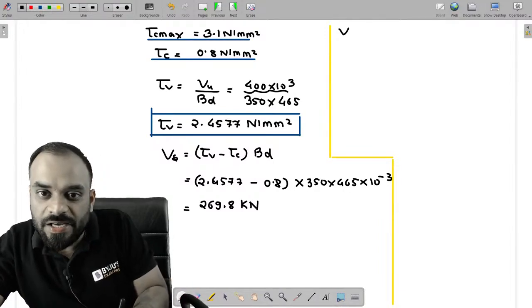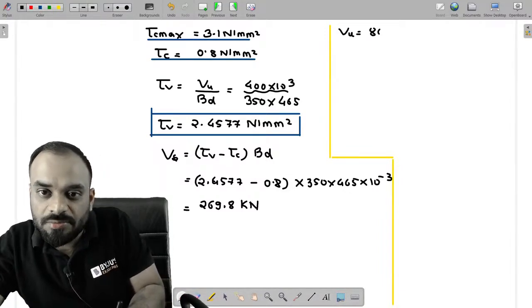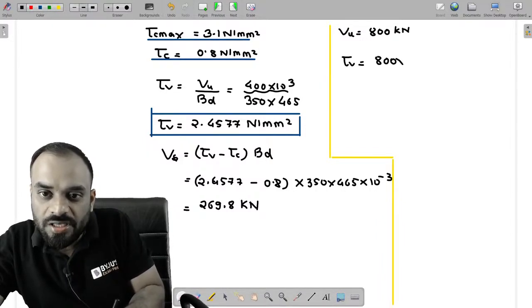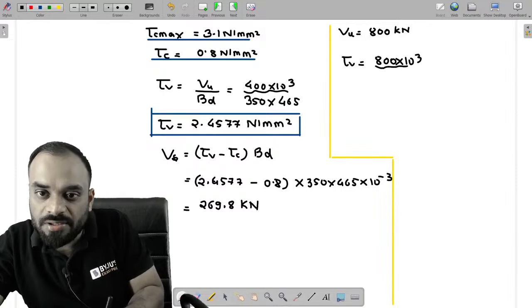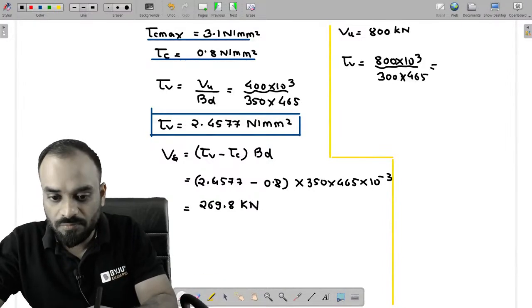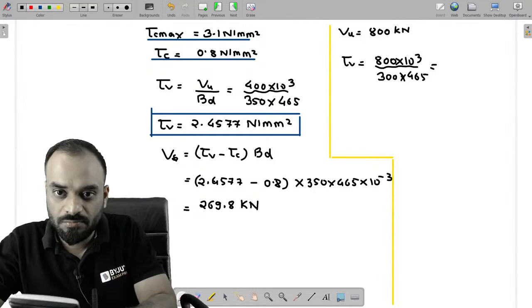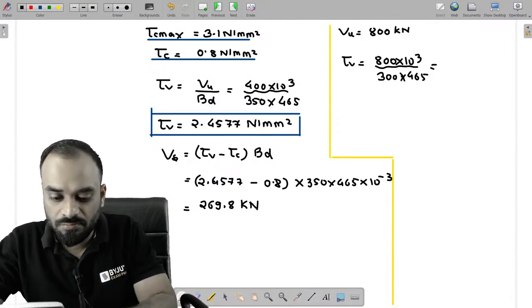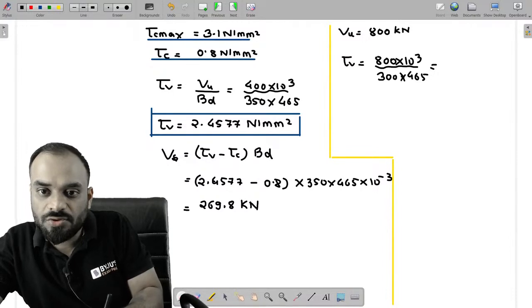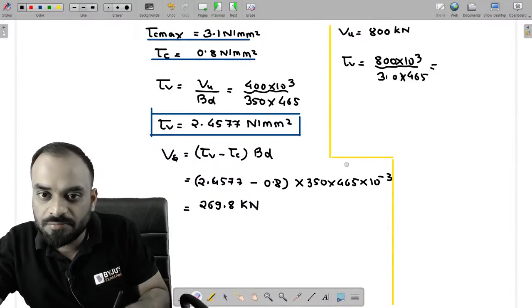So let us consider, guys, if Vu becomes 800 kilonewton, then in that particular case, the value of tau v is equal to how much? 800 into 10 raised to power 3 divided by 350 into 465. Let's calculate this value.